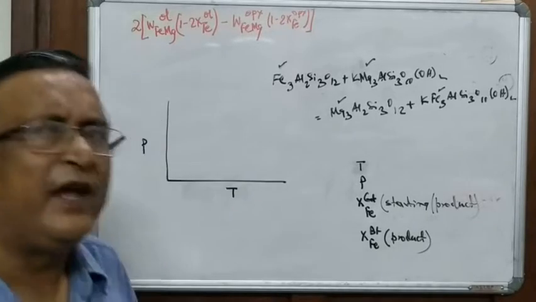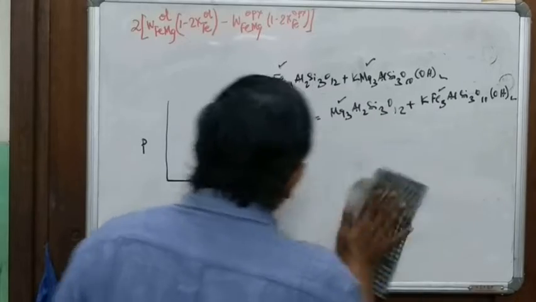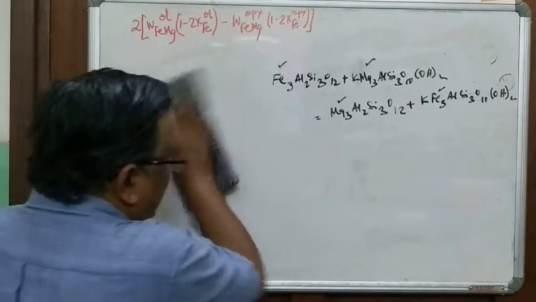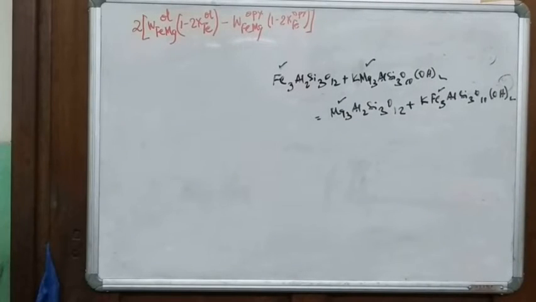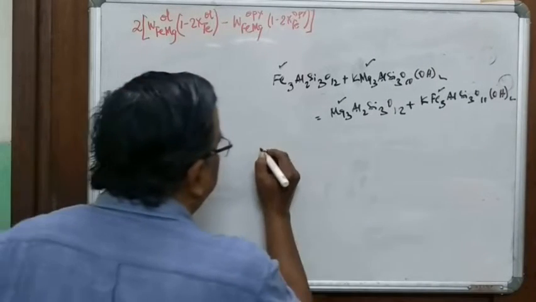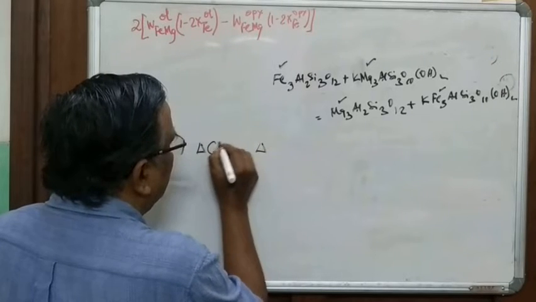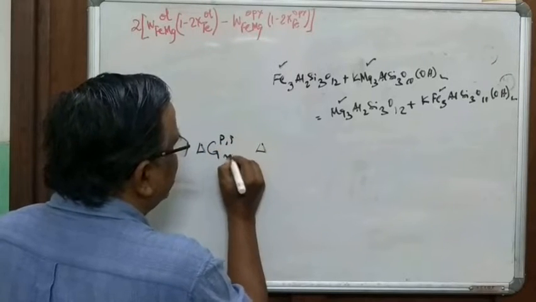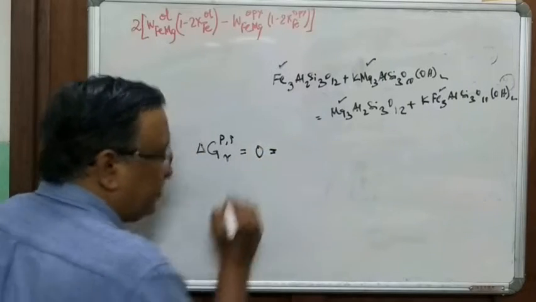But why was he doing all this? He was doing it for a very specific reason. You can understand here, the exchange reaction can be written as delta G of the reaction at pressure and temperature, which at equilibrium should be equal to 0.